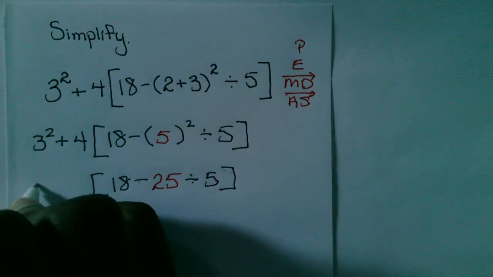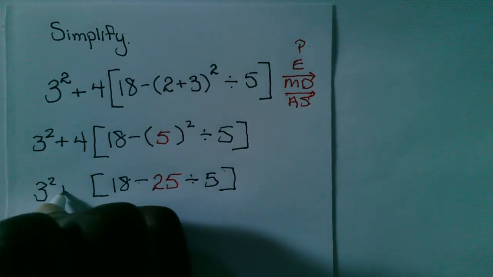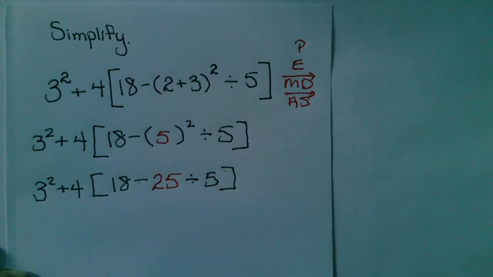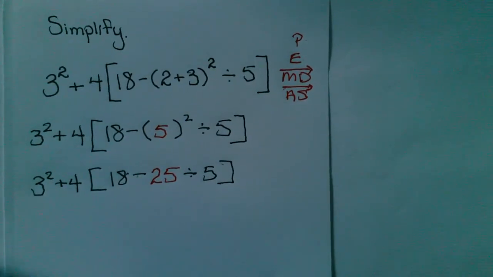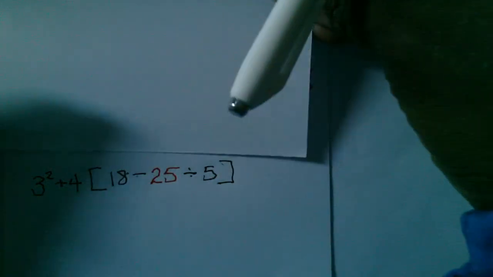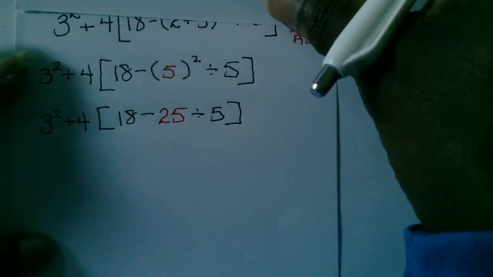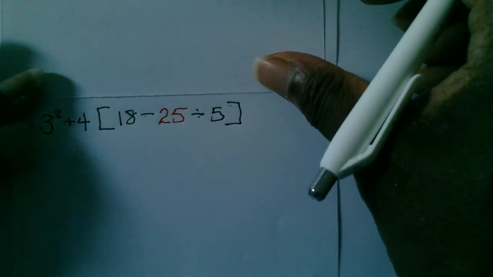Out here, bring it on down. Okay. So now, still inside the bracket, focus your attention here. Don't let everything that we did before, just like in life, whatever you did in the past is in the past.